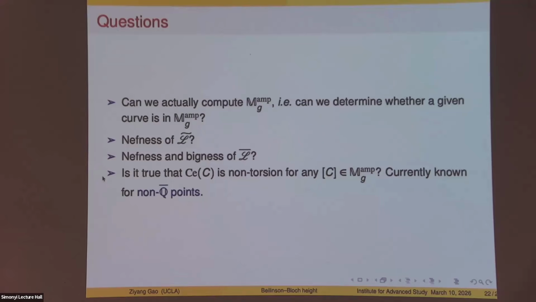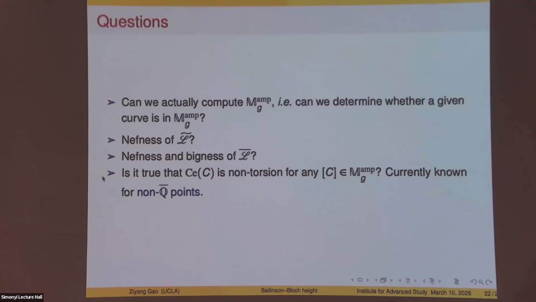Still, it's not an easy question, but this suggests that it's a lot more approachable. For this L bar, it's going to be a bigger question, because if one can prove that L bar is big, then this lower bound can be improved to be bounded below by zero. That will be much nicer.